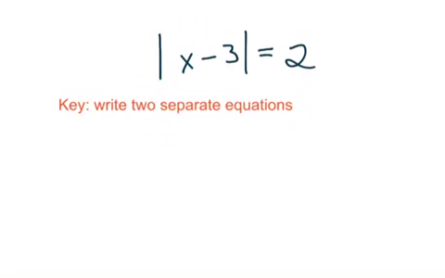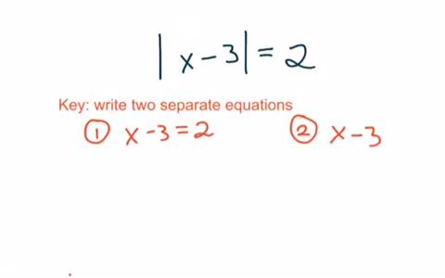A key to these problems is to write two separate equations. The two separate equations we can write are x minus 3 equals 2, and x minus 3 equals negative 2. What's surprising about this is that we're not changing that minus. It's not x plus 3 equals 2.